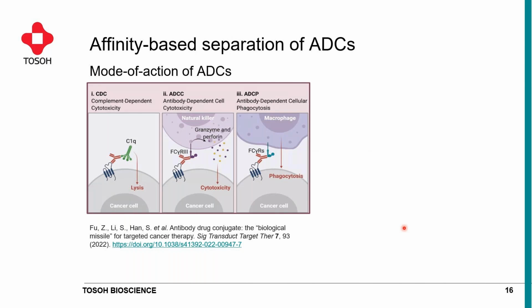This is probably not something we think of if we first think of analyzing ADCs. However, if we think of how ADCs work, we will find that, of course, the most important mechanism is we have a chemotherapeutic drug that is internalized into a specific cell and then leads to cell death. However, we may also have secondary modes of action, and one of them is called antibody-dependent cell cytotoxicity.